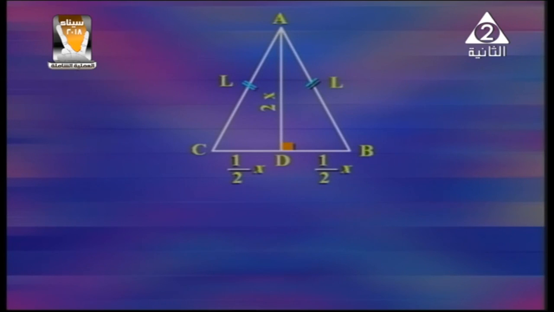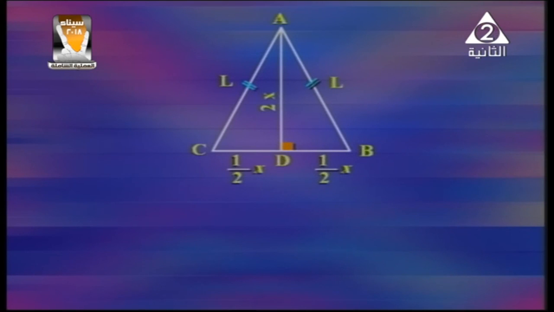Remember, AD is the axis of symmetry of BC, so AD bisects BC and is perpendicular to it.